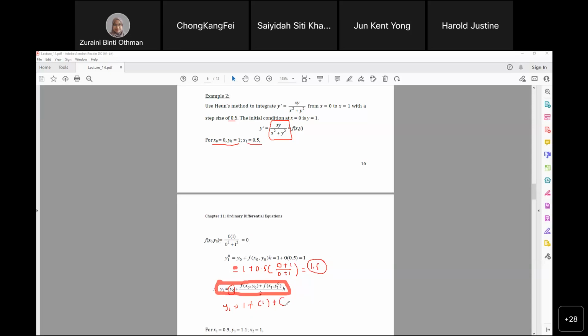Jadi kat situ refer to the, in order to get this value, refer to the equation yang diberi iaitu, okay, so sekarang X kali dengan Y. So X kita yang baru ialah X1 Y1. Nampak ni? X1 Y1. Jadi X1 kita ialah yang ni. Dia ialah 0.5 kali dengan berapa? Y kita ialah 1.5 bahagi, ya.